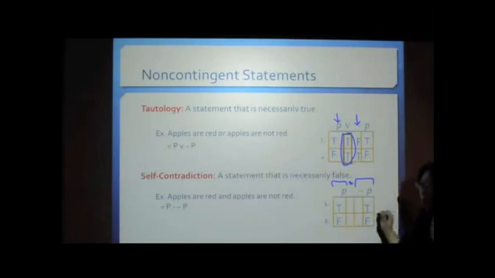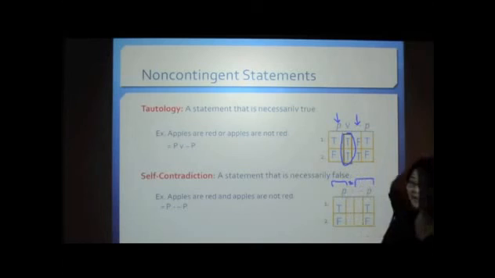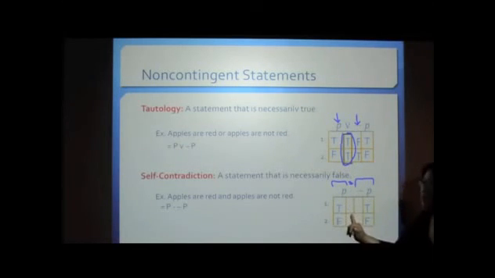So we're going to hold off on filling in truth values for this column under the conjunction dot until the end. Before we can do these truth values, we need to do the truth values for its component parts. We've already done the truth values for the P over here, and now we have to do the truth value for the not P.